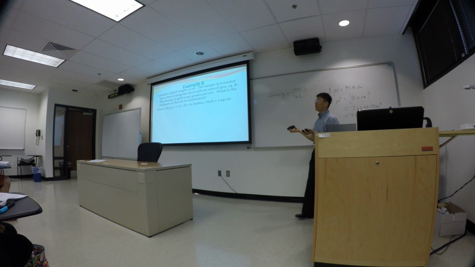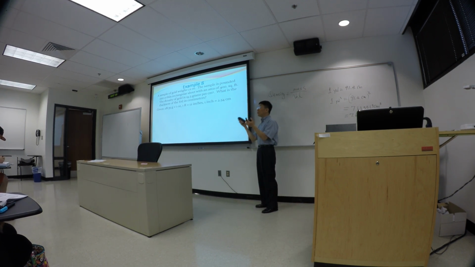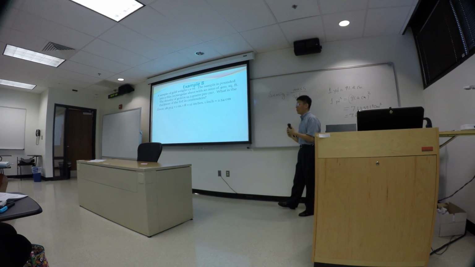The volume of a rectangular shaped gold foil equals the area times the thickness. Thickness is the unknown. That's what we're trying to figure out. So when you analyze the information given here, you will be able to come up with a strategy. When you have a strategy, you will be able to come up with the roadmap, and with that roadmap, you will be able to find the answer.